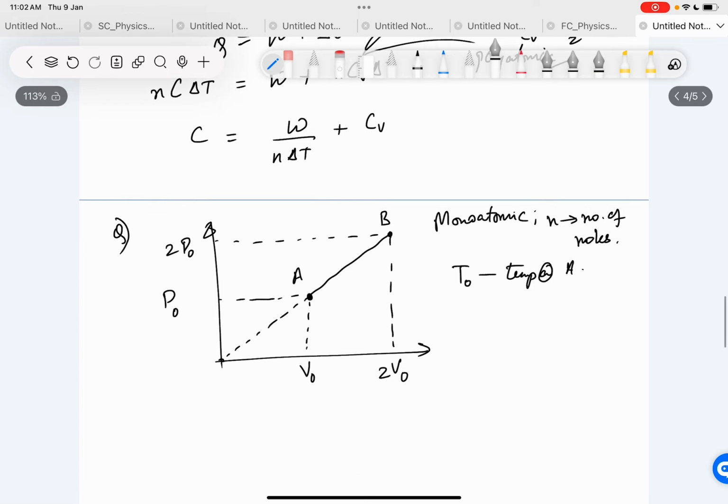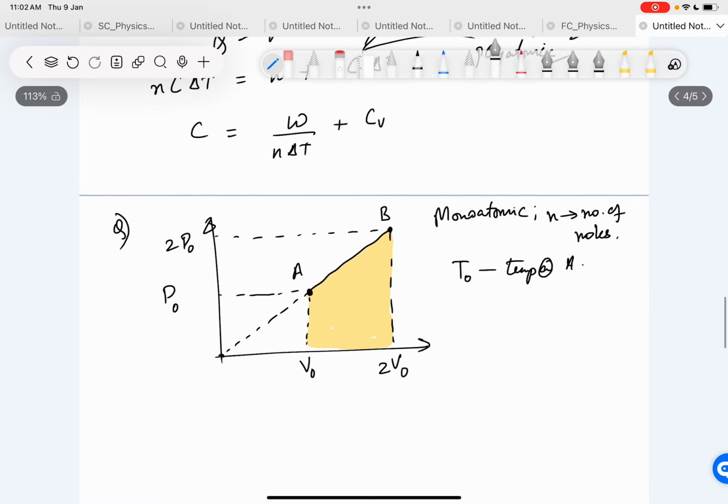Very standard problem. All we need is to find the area under this AB line and the volume axis. That will give us the work. We'll simply divide it by n delta T and find the molar specific heat. That's all.